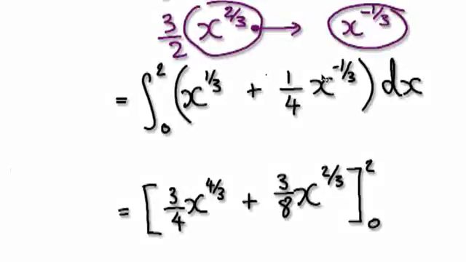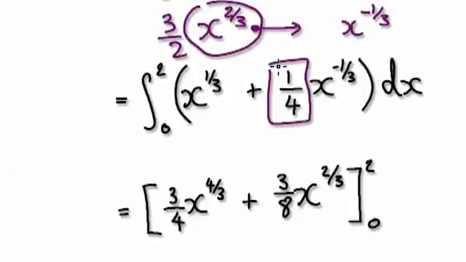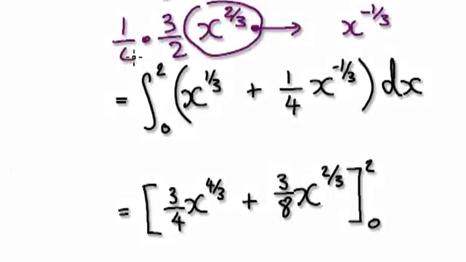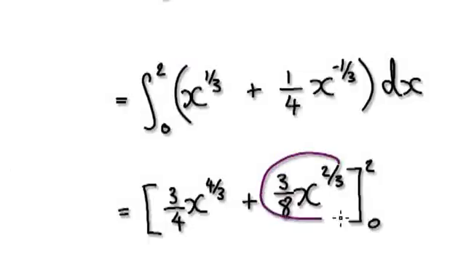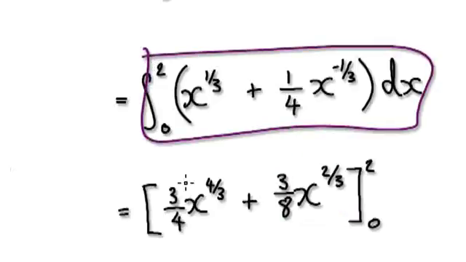When you differentiate this now, it will give you this thing here. But now we need to take into account this a quarter here. So it's really this times this. That will give you the 3, and then this times this will give you the 8. Anyway, if you differentiate this, it will give you this thing here. So from here, integrate it.